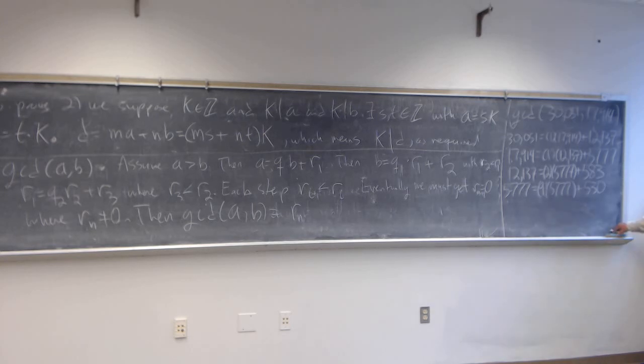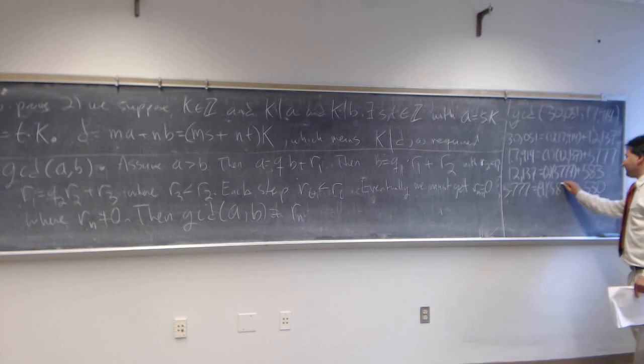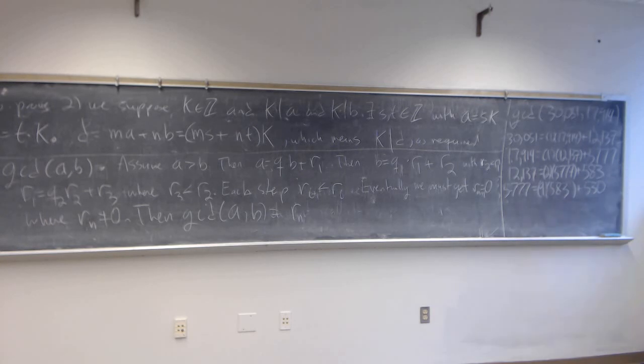something's wrong here. Oh, this is this number right here. 5,777 is 9 times 583 plus 530.